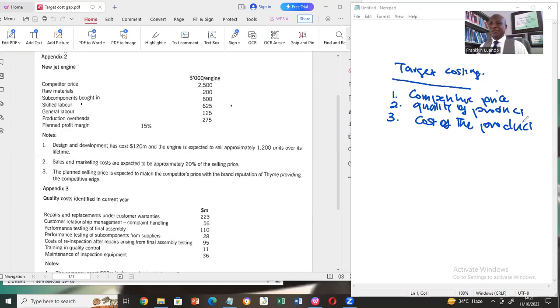Under target costing, the focus is continuous improvement of the products or of the services provided. On the cost of the product, target costing focuses on the reduction of cost without compromising the quality. So it sets the target cost that must be achieved in the production of the product or in the provision of a service.